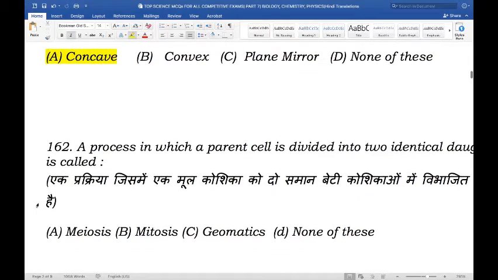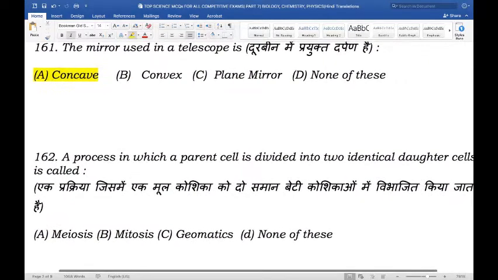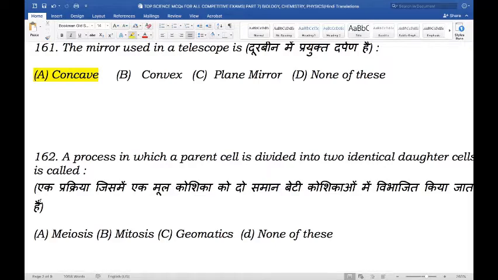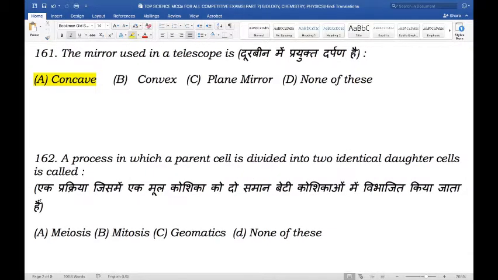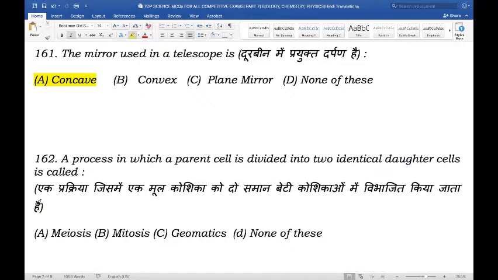Moving on to the next question. A process in which a parent cell is divided into two identical daughter cells is called, is it A, meiosis, B, mitosis, C, gametix, or D, none of these? So which process includes the parent cell in dividing into two identical daughter cells?